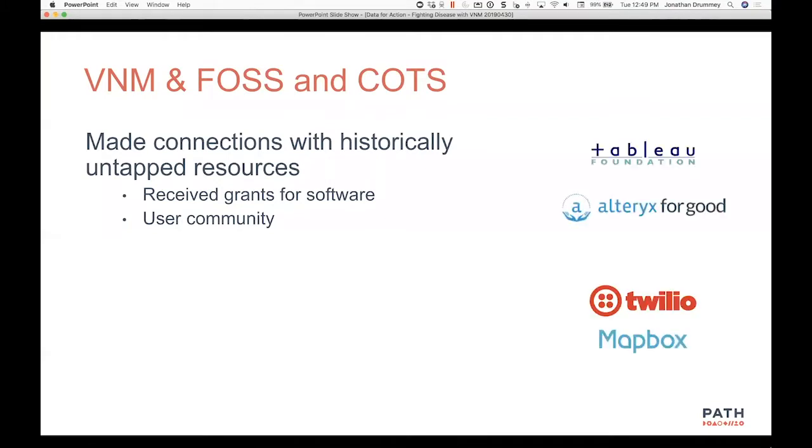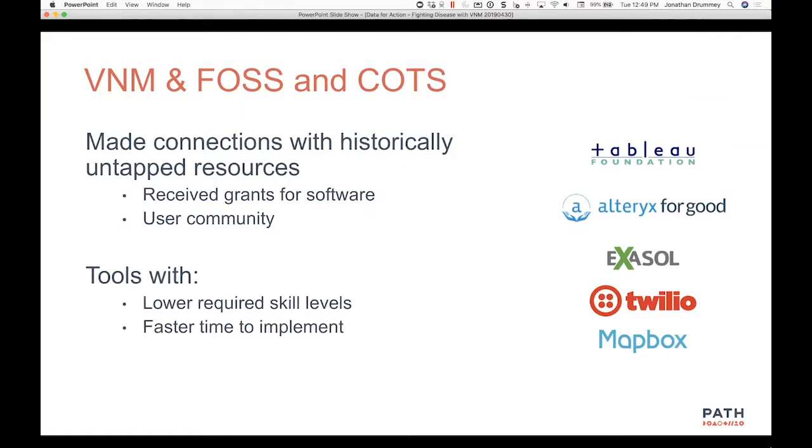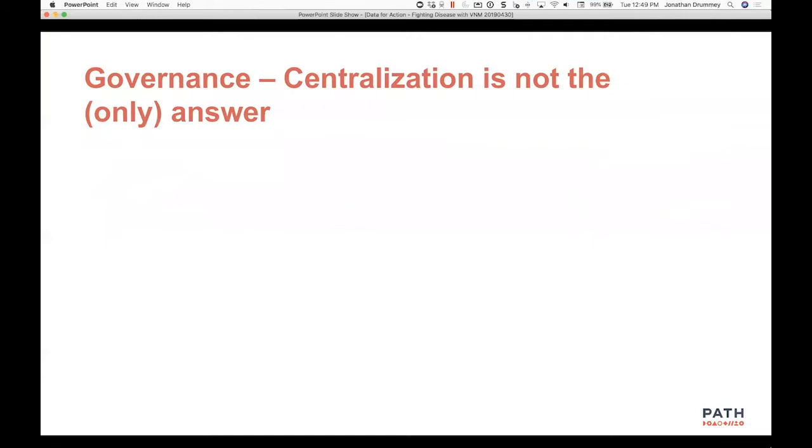And then we also had the user community that we were leveraging. And we're using tools that had lower required skill levels, faster time to implement, and really high usability. So I'm going to go a few more minutes and then we'll do Q&A here.